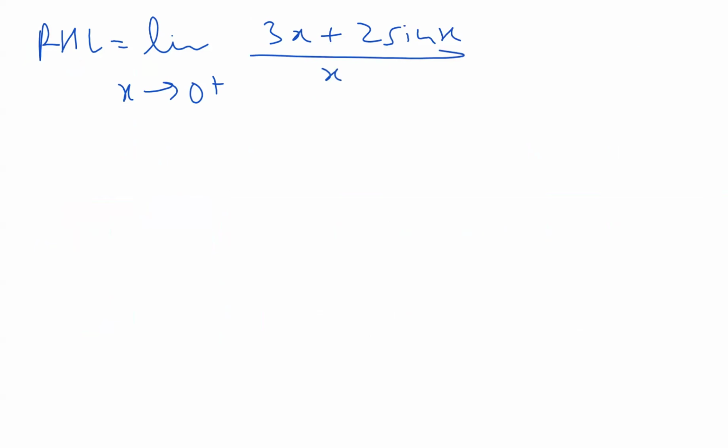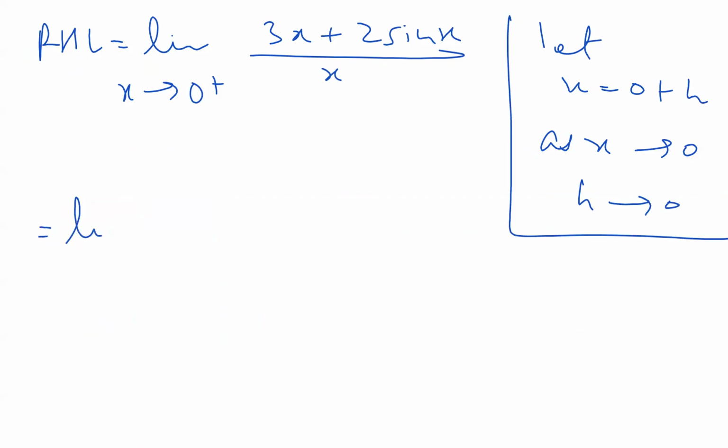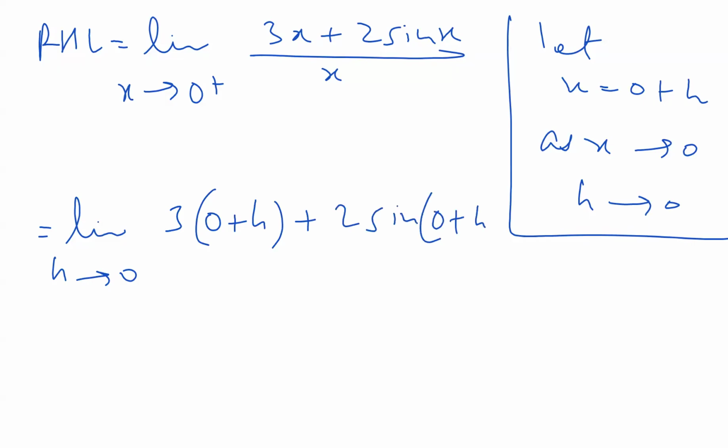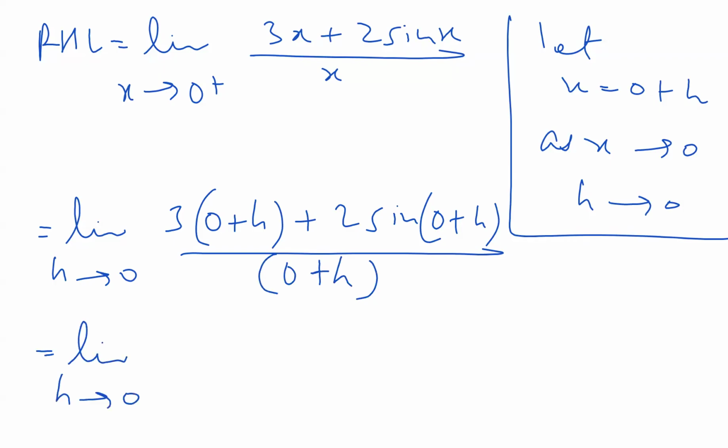So now see, let x is equal to 0 plus h. As x approaches 0, h will also approach 0. Limit h approaching 0, 3 into 0 plus h plus 2 into sine of 0 plus h upon 0 plus h. Limit h approaching 0, 3h plus 2 sine h upon h.